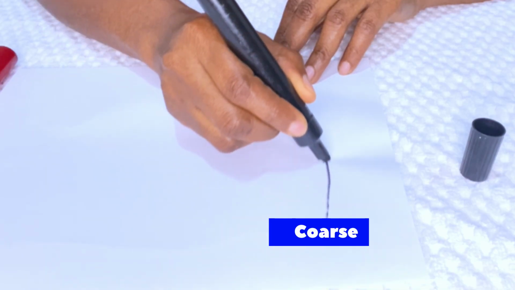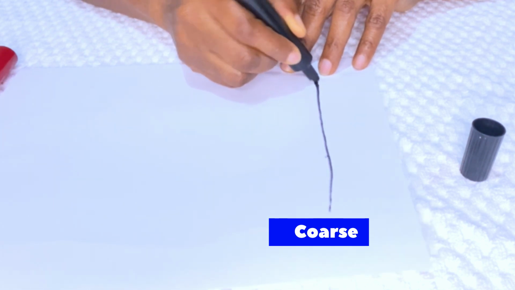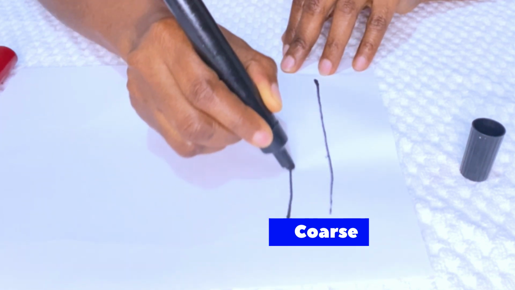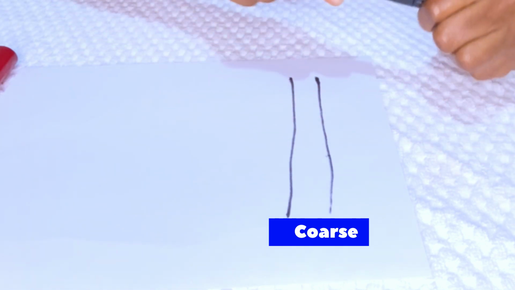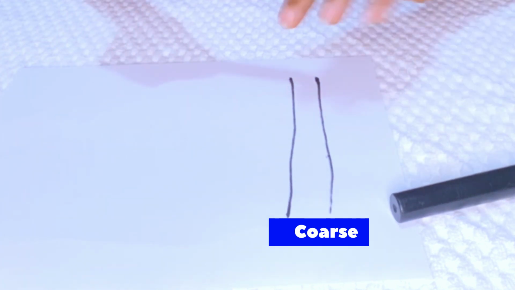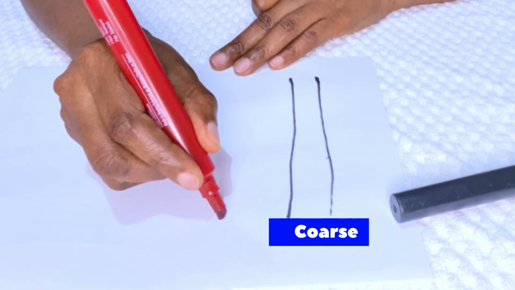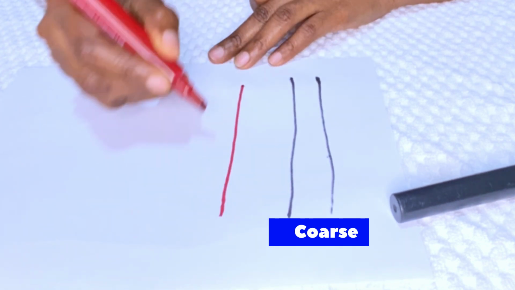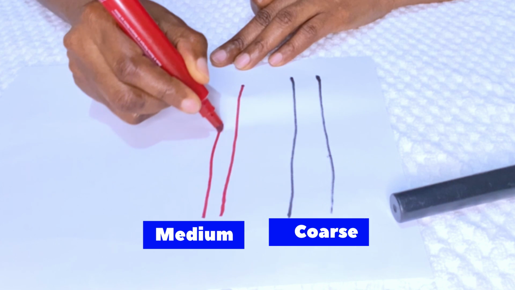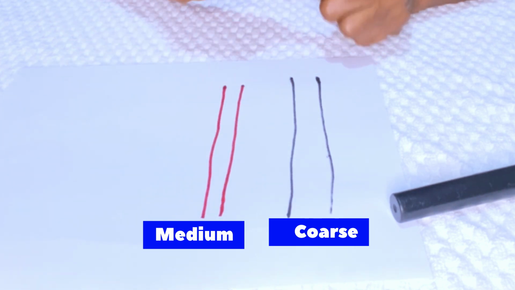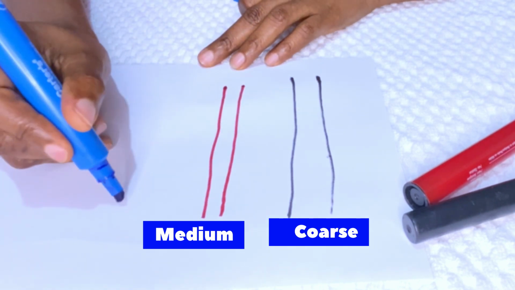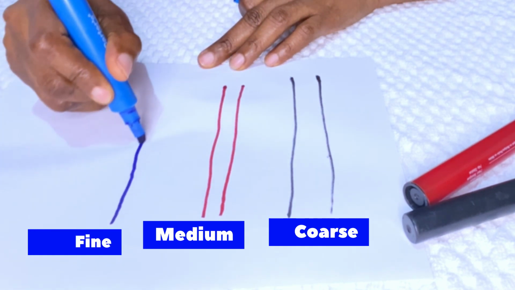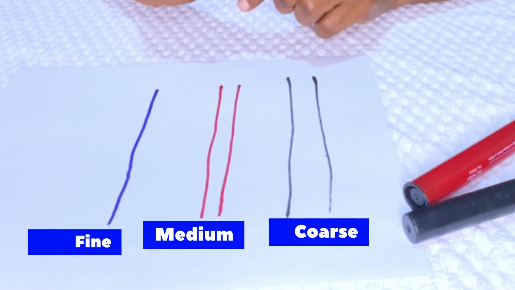So coarse hair has the largest diameter. So it would be this big as an example. And then medium texture is going to be a little bit smaller than the coarse texture here. And then finally, we have fine textured hair that is going to be the smallest of all three.